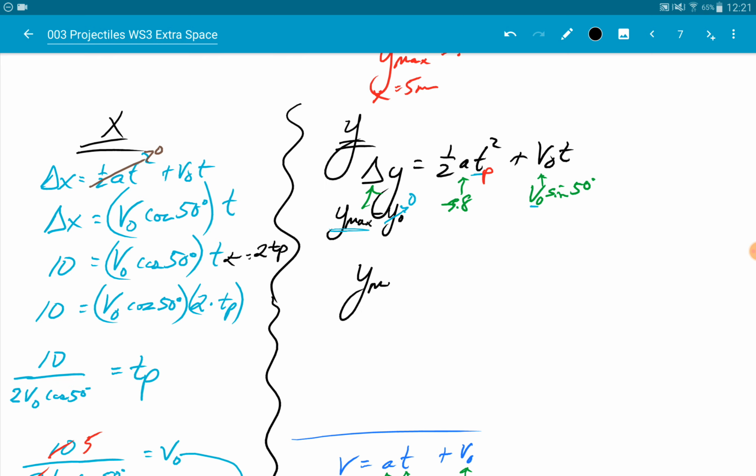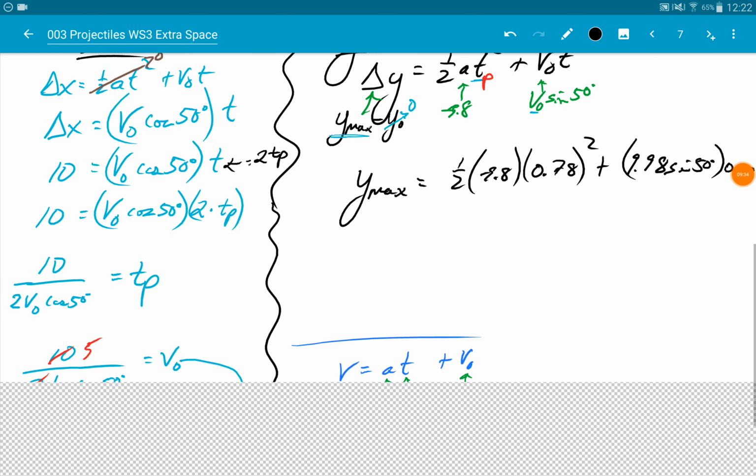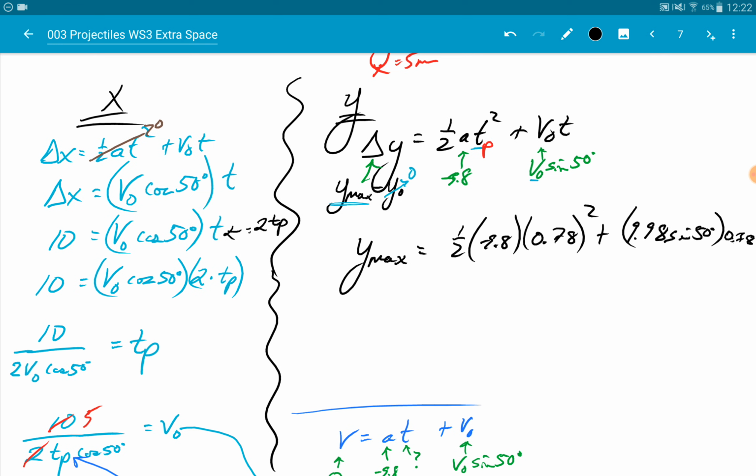So I got y max is equal to 1/2 negative 9.8. My time to the peak was 0.78. And remember, I'm using the whole string of values there. Plus my V naught was the 9.98. And then sine of 50 degrees multiplied by my time value, which is 0.78. And don't forget the decimal place. There we go. And so then we just throw that in the calculator there.